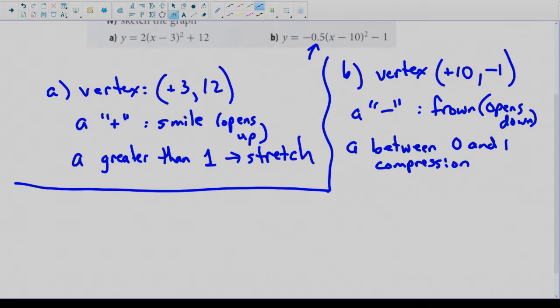So I'm going to need my table of values. Both of them.